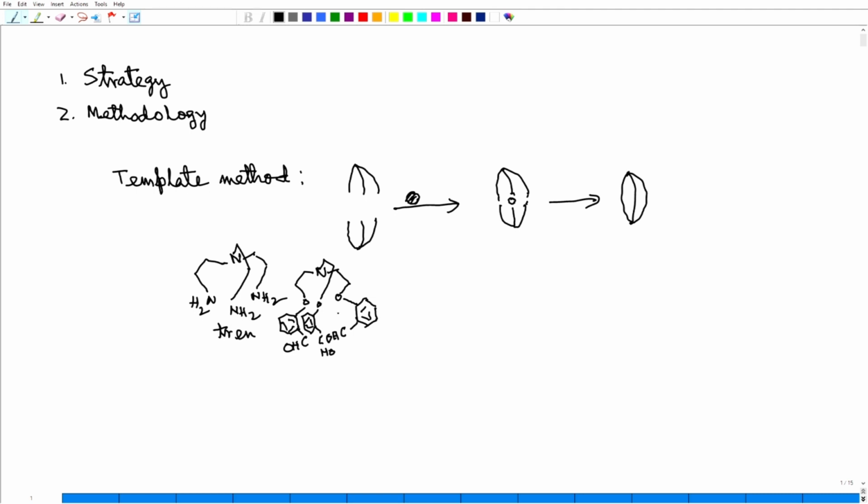So, now why will they meet? They will meet because I will use a metal ion as template.